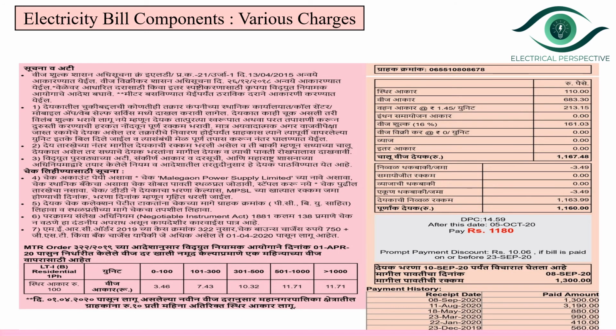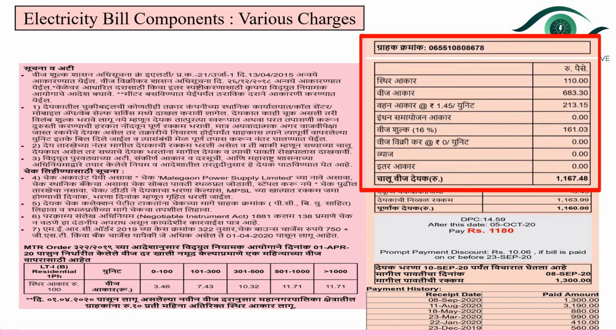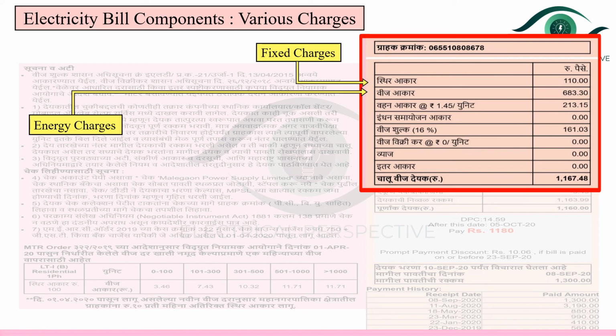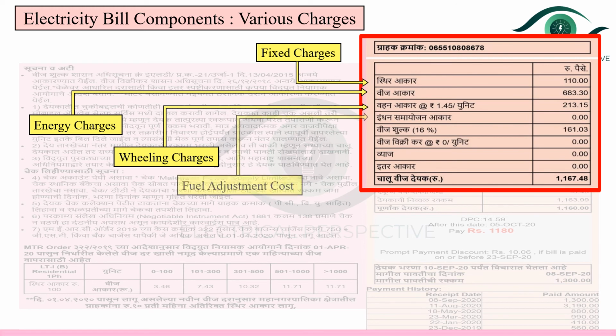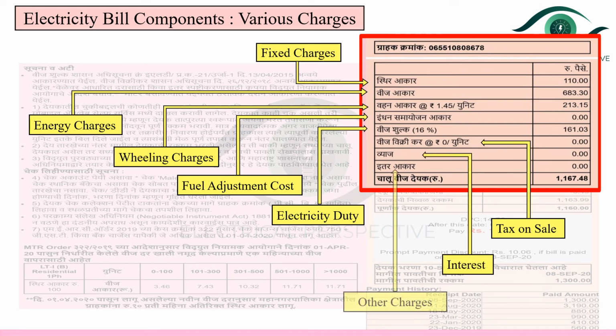Now let us see the various charges. Here I use the bill issued by MSEDCL, that is Maharashtra State Electricity Distribution Company Limited, and it is in Marathi. So Sthir Akar means the fixed charges, Veej Akar means the energy charges, then Vahan Akar means the wheeling charges, Indhan Samayojan Akar is the fuel adjustment cost, Veej Shulka is the electricity duty, Veej Vikri Kar means tax on sale, VAS means interest, and Itar charges means other.